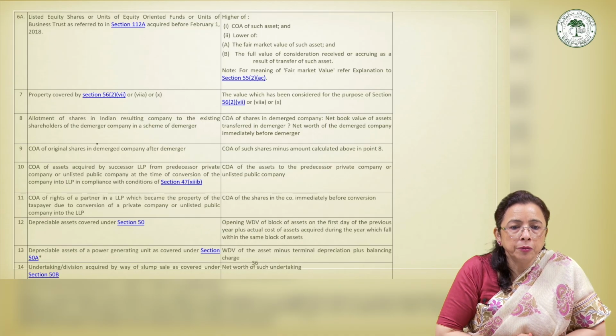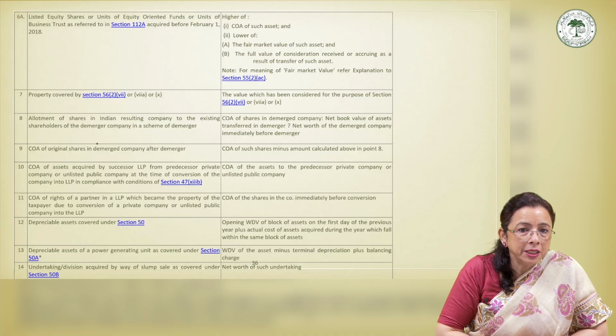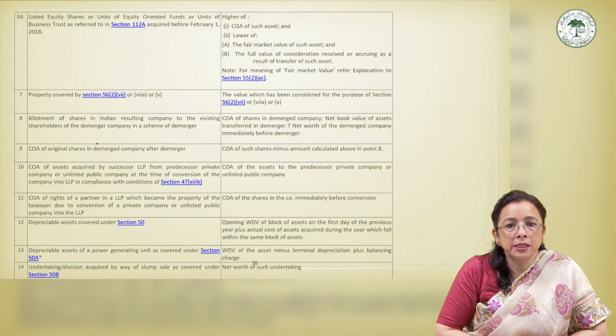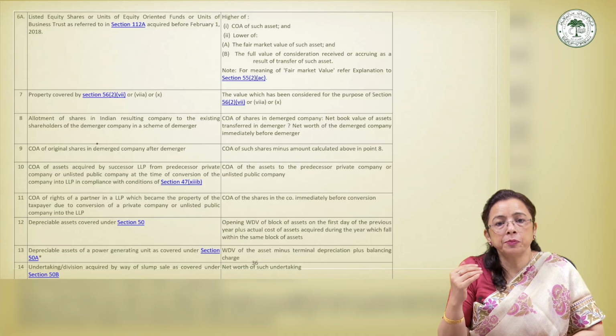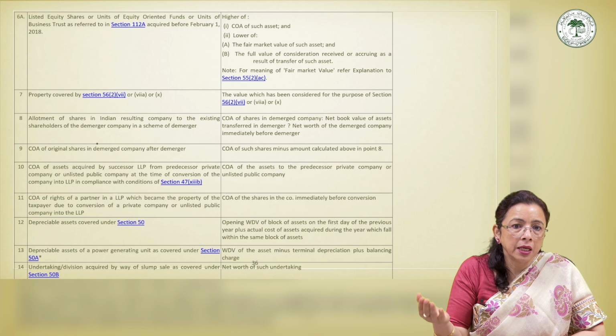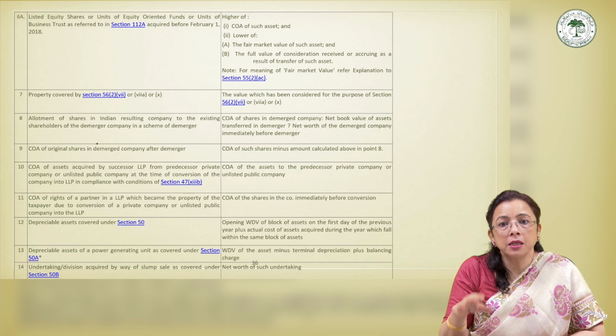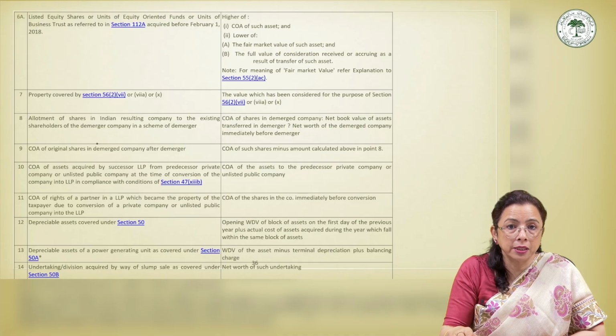Then another point talks about the depreciable assets covered under Section 50. Section 50 provides a special method of computing capital gain on depreciable assets. In such cases, capital gains are not computed asset-wise but block-wise.